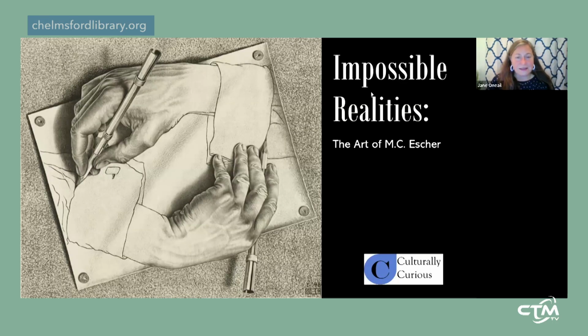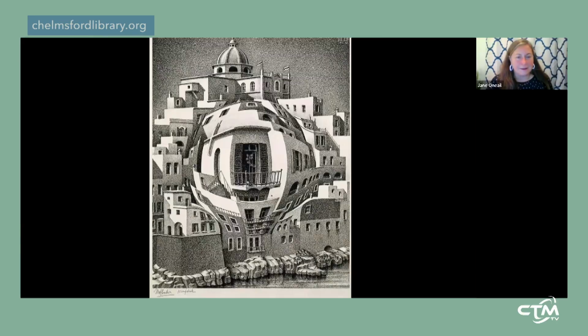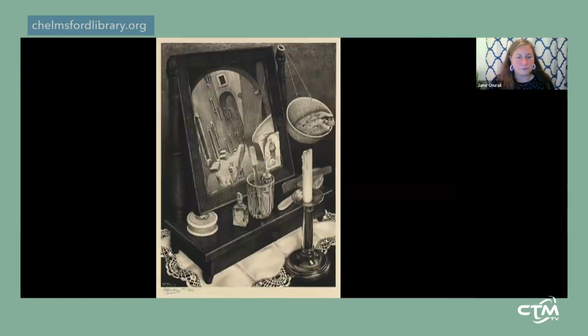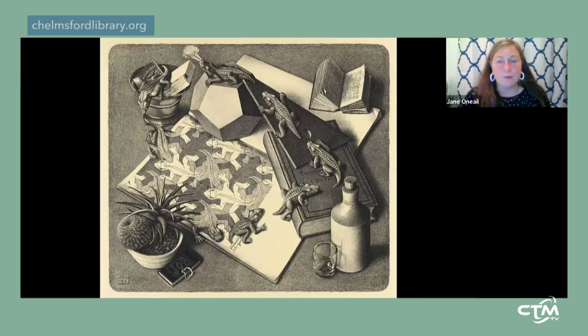Somebody says, please discuss the open book in the upper right corner of the still life with the lizards. Let's go back to that. The open book. We don't know much about that open book. I don't think that there's actual legible text in that book, but I think he's trying to give us this rational world here.